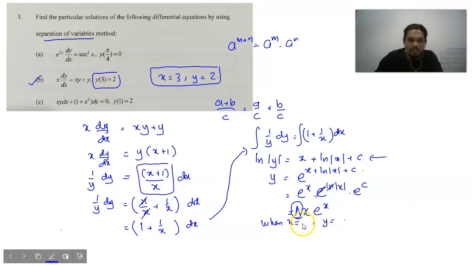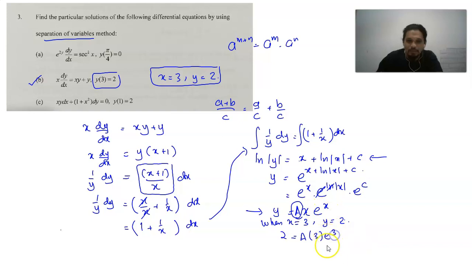When x equals 3, y equals 2. Substituting, 2 equals a times 3 times e to the power of 3.